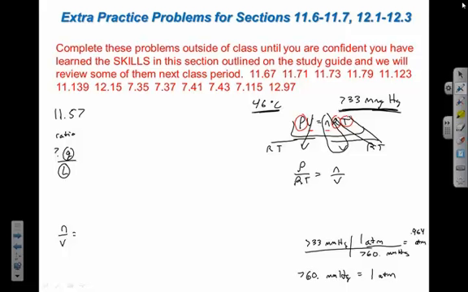So that's what I'll plug in for the pressure. I want to divide that by R, 0.08206 liter atmospheres per mole Kelvin. And I need to divide by the temperature, but it's got to be in Kelvin.